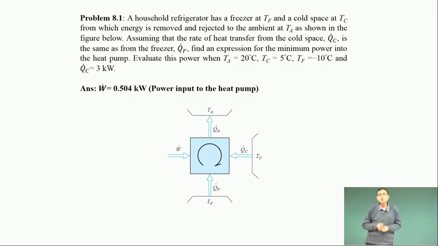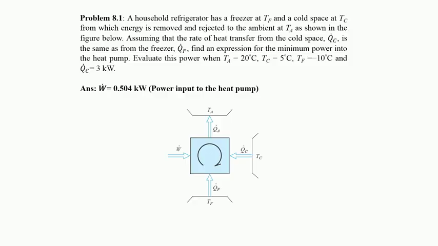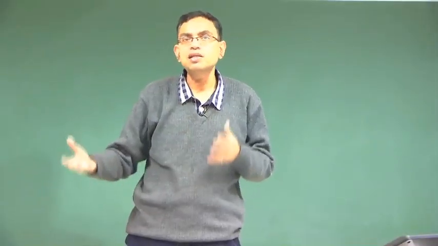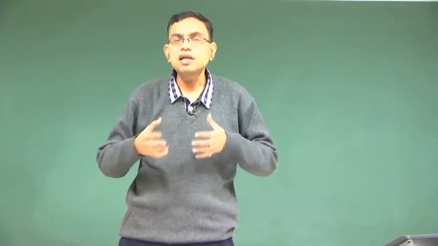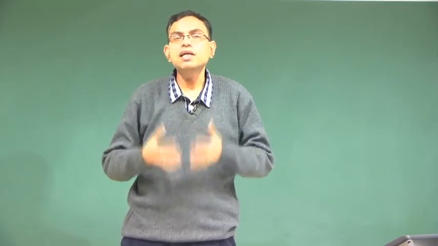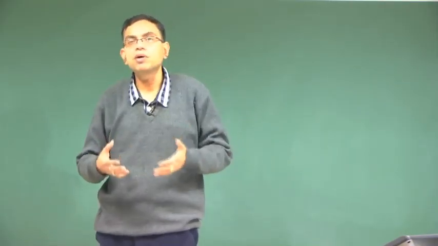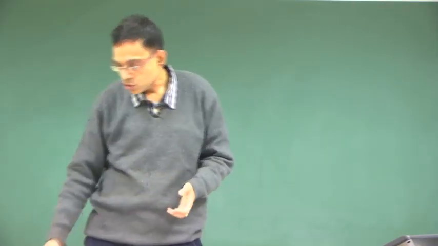An energy absorbing device will require minimum power input to run, a reversible heat pump or a refrigerator. So, when it is maximum and minimum you have to understand carefully. When it is energy producing, that energy is maximum because of minimum losses, and when it is energy absorbing, the energy required is minimum to run the show.